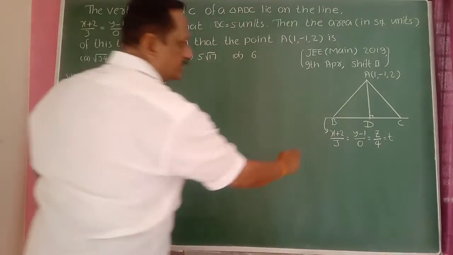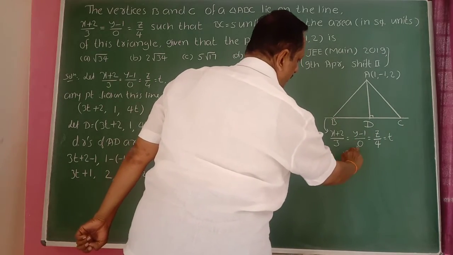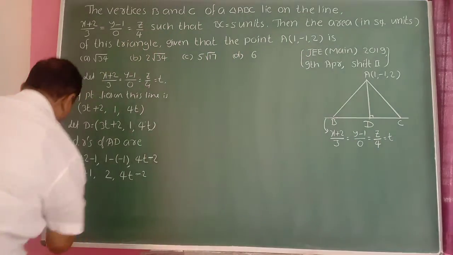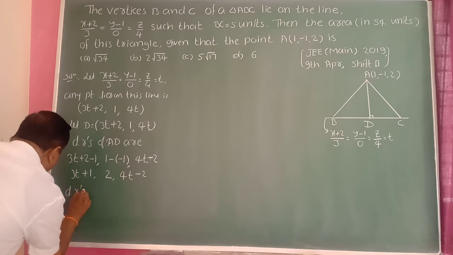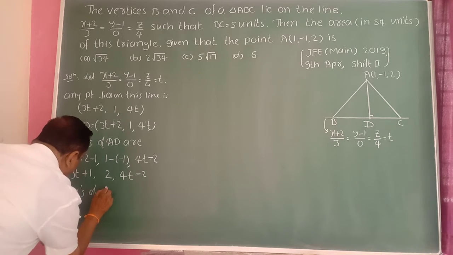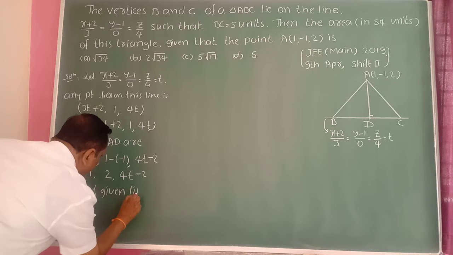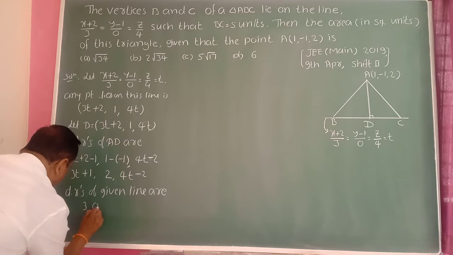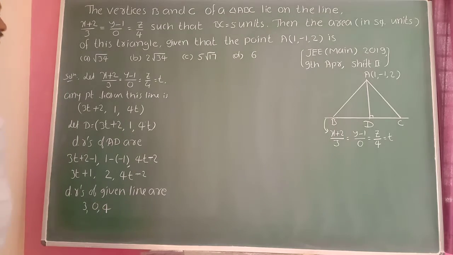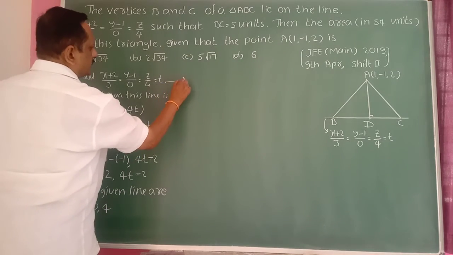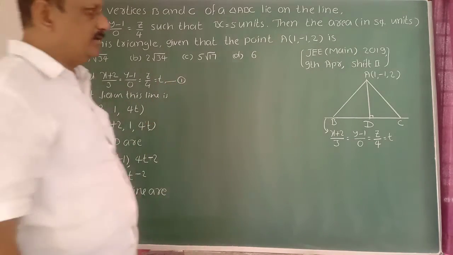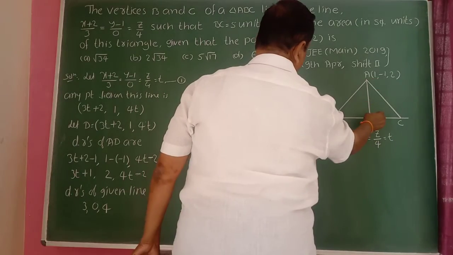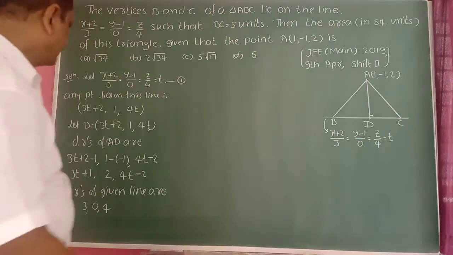And the direction ratios of this line BC, the given line, are 3, 0, 4. Consider this as equation 1, the equation of the line. Here AD and this line are both perpendicular.